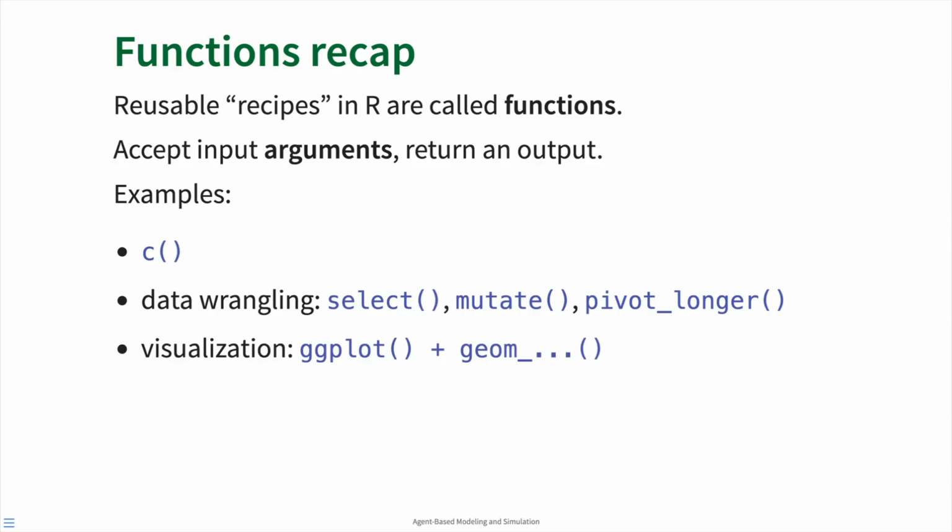We've also had visualization functions like ggplot and the different geom functions. Each of these takes in some arguments that specify how we wish to create a layer of a graph, and each of them then returns a layer. And we can add those return values together with the addition operator, the plus symbol, to create a complete graph.